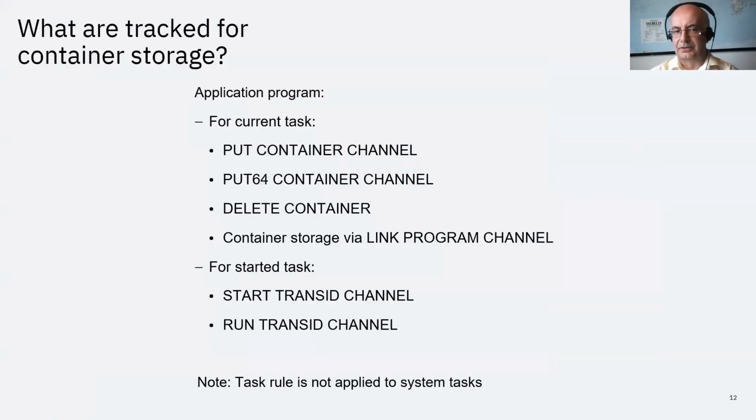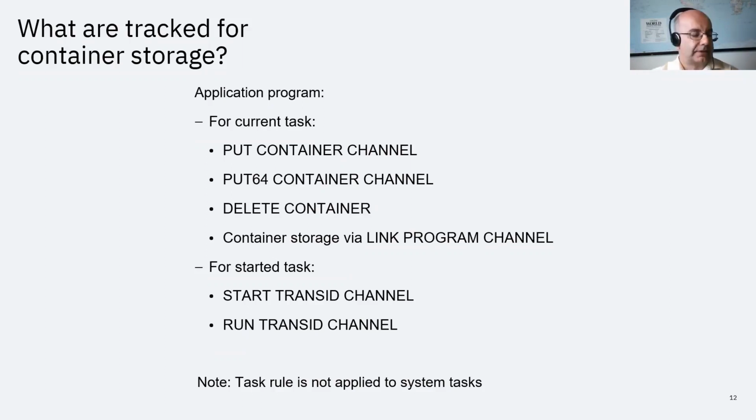So what's tracked in terms of container storage for an application program for the current task? If the application does put container or put64 or delete container, because of course the amount of storage will go down, or if it's passed a set of containers via a DPL, so it's been linked to, it'll get a channel with a set of containers. So we'll monitor the current task for that.